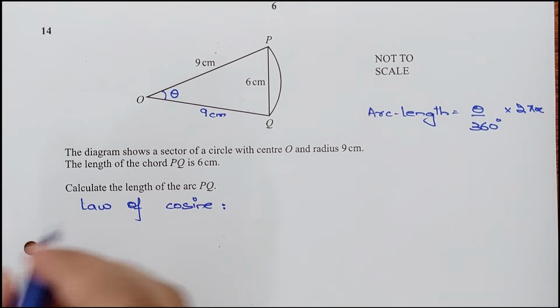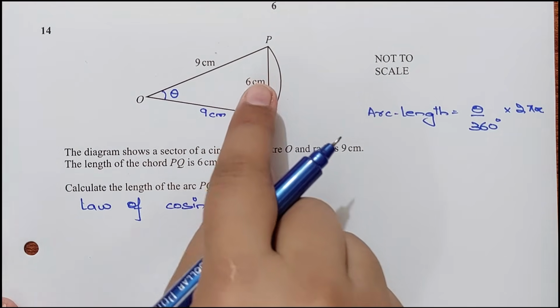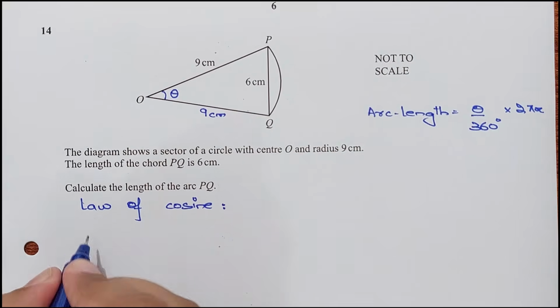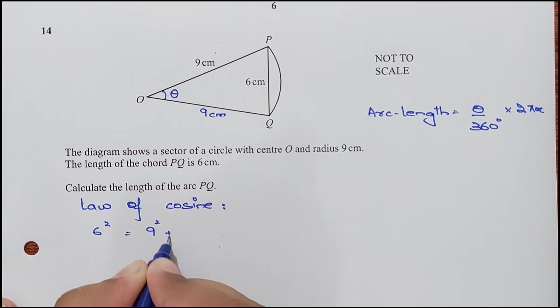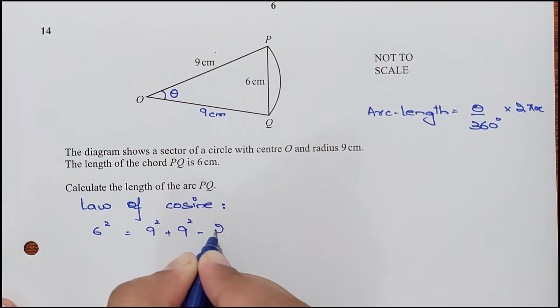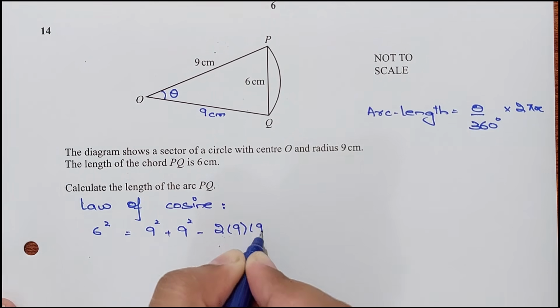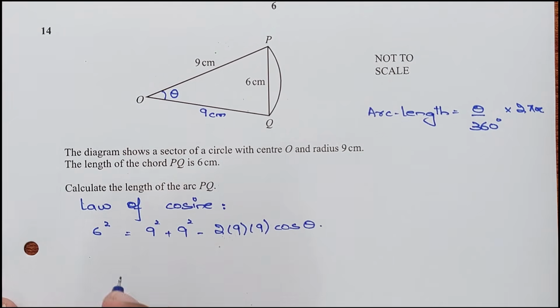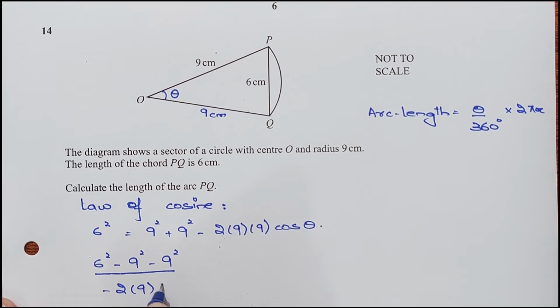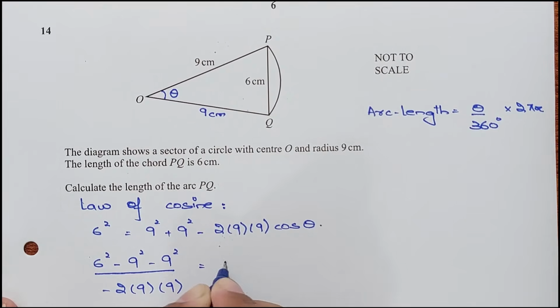says we have all the three sides. So the side opposite the angle we have to use, which is 6 squared equals 9 squared plus 9 squared minus 2 times 9 times 9 cos theta, right? So 6 squared minus 9 squared minus 9 squared, divided by minus 2 times 9 times 9, equals cos theta, right?